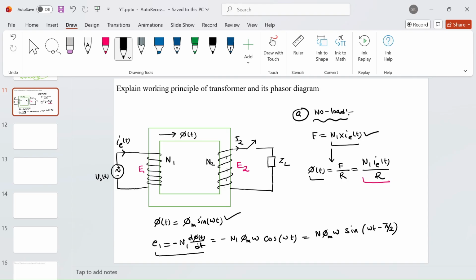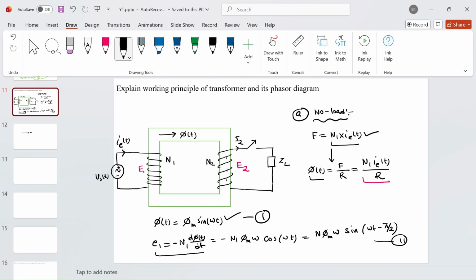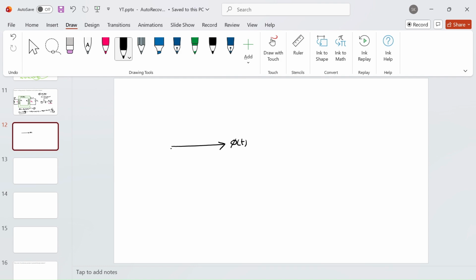Okay, so these are the two equations, you can say. If I consider this phi of t as a reference phasor, my E of t, or E1 of t, is lagging by 90 degrees electrical. So it will lag by 90 degrees, and it is E1, and depending on the turns ratio, your E2 will also be decided.